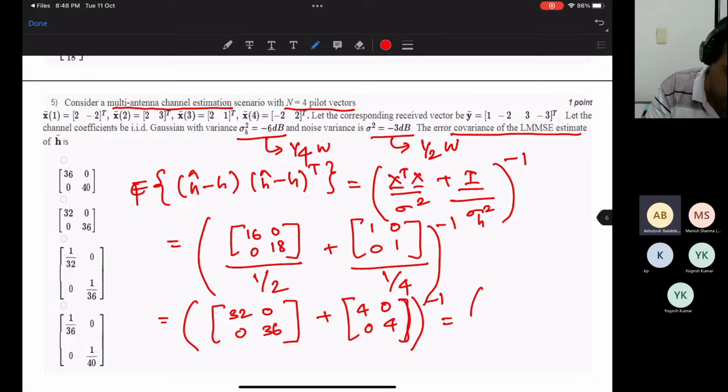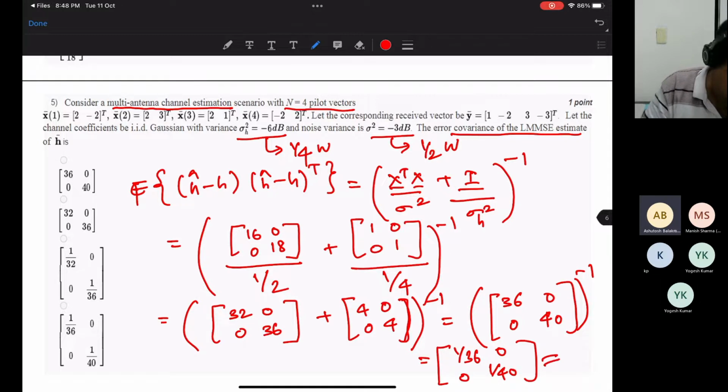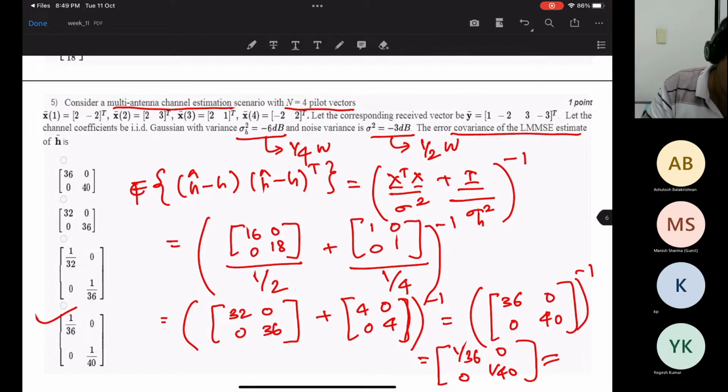This is essentially 32 plus 4, which is 36,0,0,40, and its inverse is 1/36,0,0,1/40. This is my required answer, and this is option D. Any doubts?